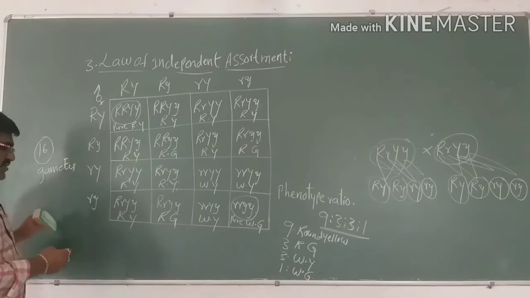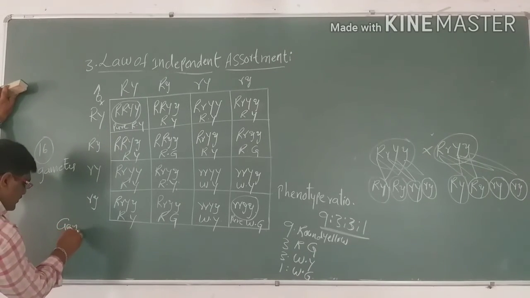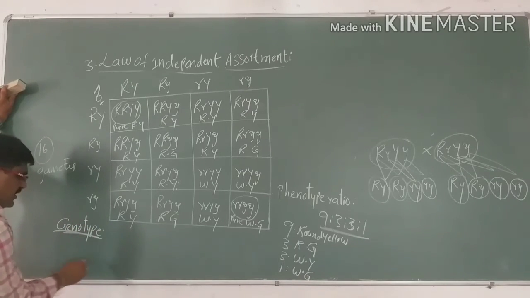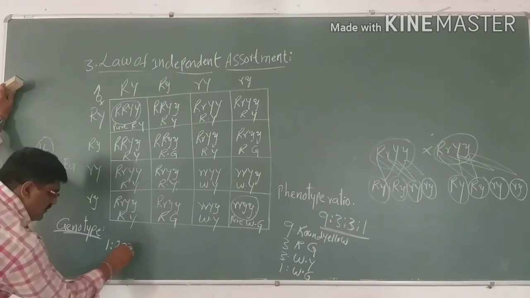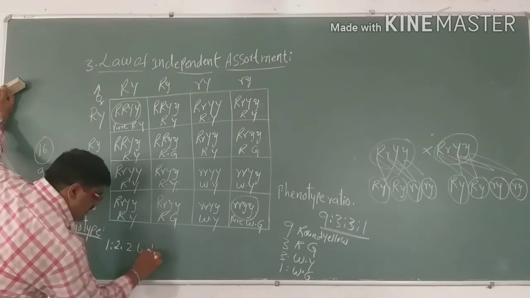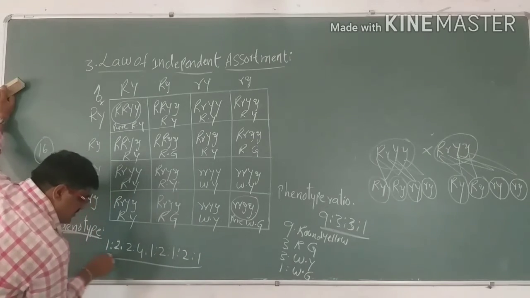If you take the genotypic ratio, the genotype here will be the 1:2:2:4:1:2:1:2:1 ratio.